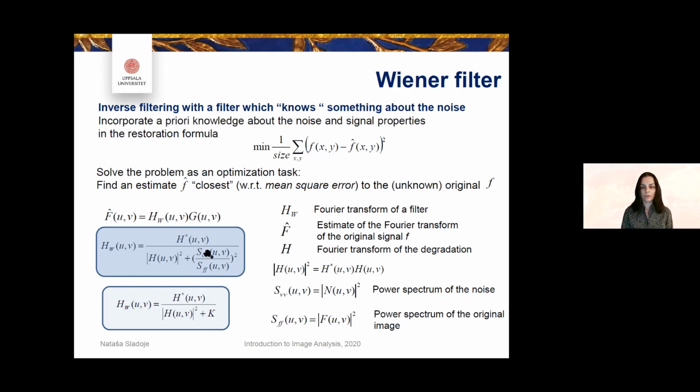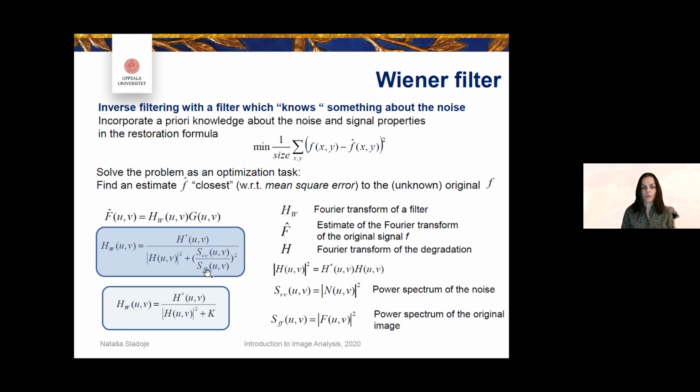There are two things here. One is the power spectrum of the noise. The other one is the power spectrum of the original image. The power spectrum of the noise is something that we do not always know, but we are used to having the need to estimate it in some way.